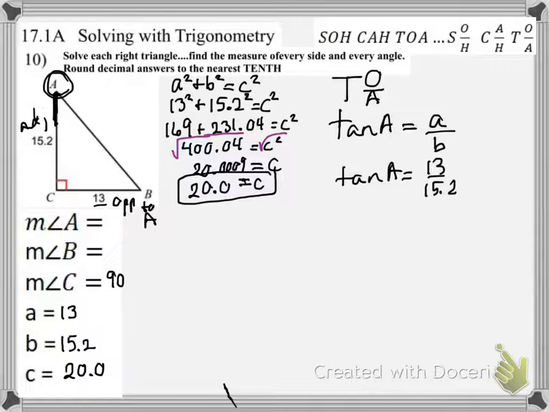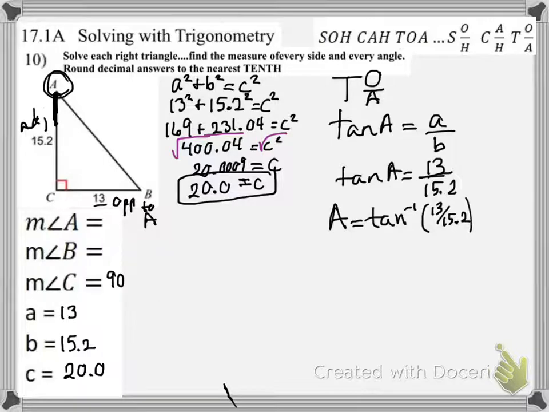Now, the only way to get the A out of its tangent is to use an inverse. And there are some teachers who make you write inverse tan on both sides and then drop it off. But I just go A equals the inverse tan of 13 over 15.2.